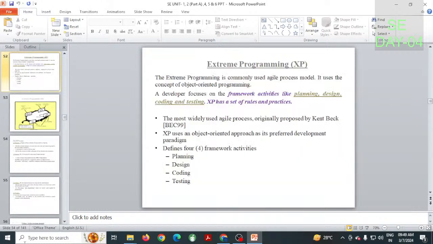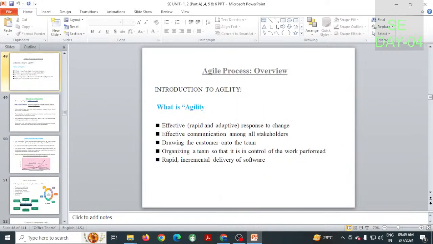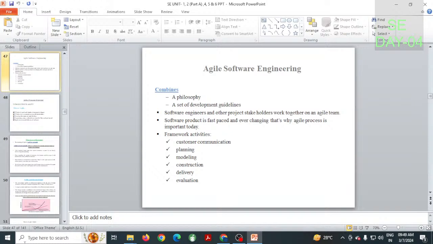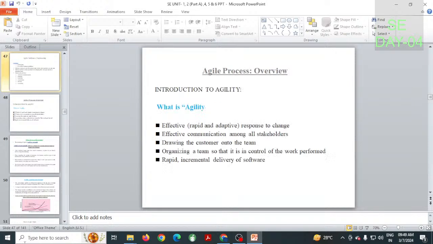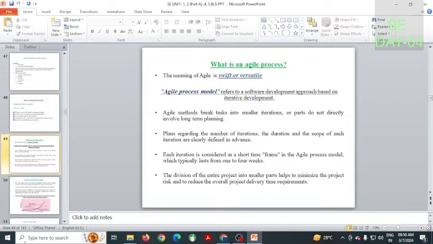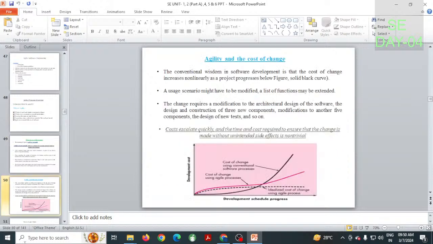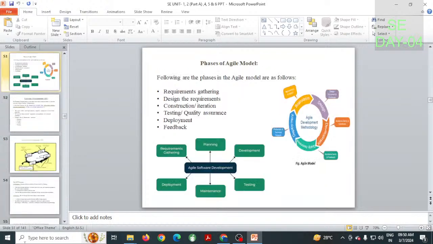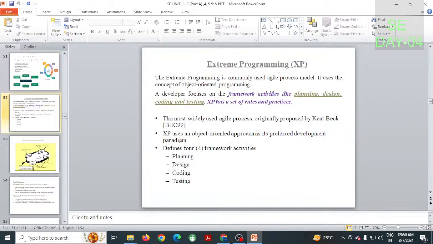agile development: what is agile, the importance of agile software engineering, and an overview of agile. We discussed the introduction to agile, agility, the agile process, how the cost of change occurs, the phases of the agile model, and the architectural representation of the agile model.